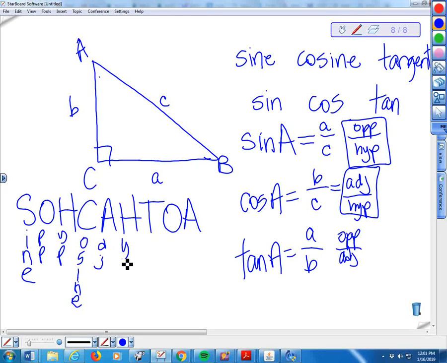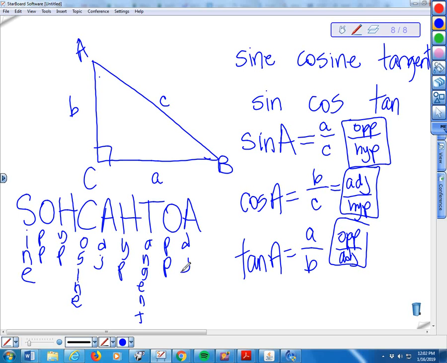Adjacent, hypotenuse. Tangent is opposite over adjacent. If you remember the acronym, it will help you remember what sine, cosine, tangent are. You do it enough, you don't need the acronym anymore. But initially you might. So it wouldn't hurt on a quiz or whatever just to write SOHCAHTOA at the top so you remember what's what.